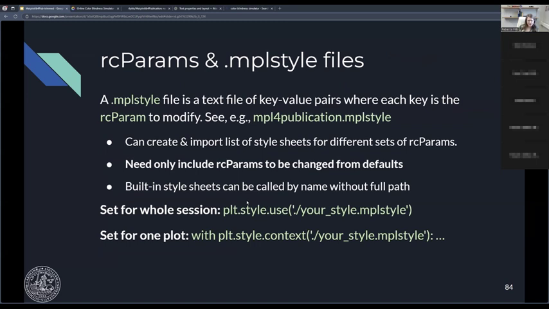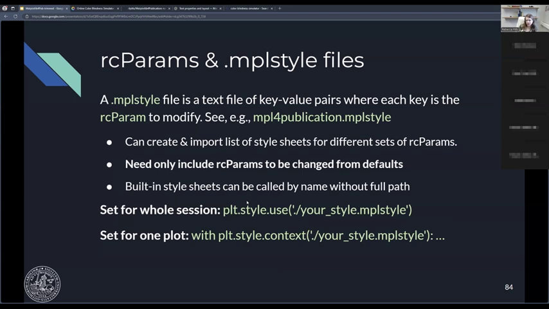So an MPL style file is a text file of key value pairs where each key is the RC parameter to modify. You don't have to include any parameters that you don't intend to modify. So the MPL style files can be as minimal or as maximal as you really want them to be. So you can create and import a list of style sheets for different sets of rcParams.